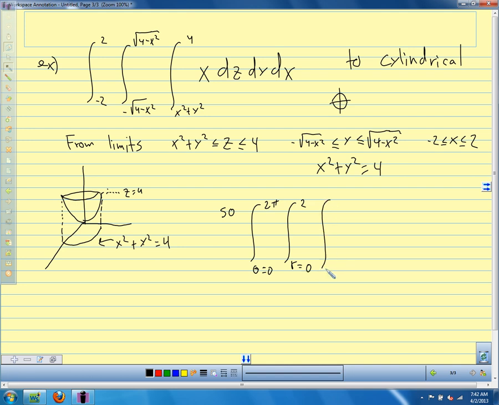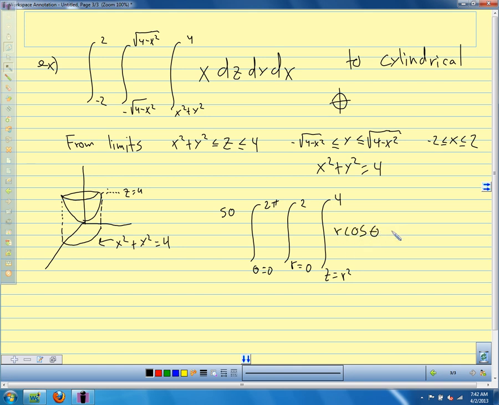And z equals, where z is going between the surface and 4. So z is x squared plus y squared, so z is going from r squared to 4. And we have x, which is r cosine theta.